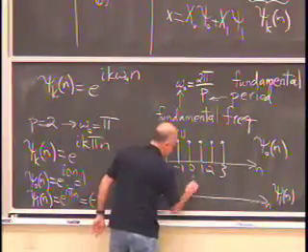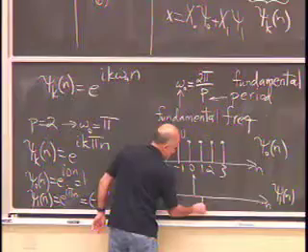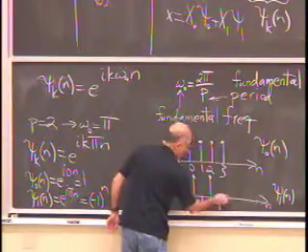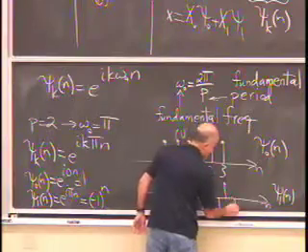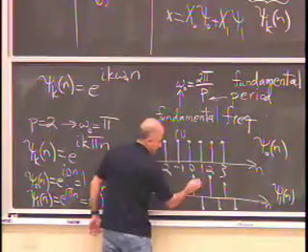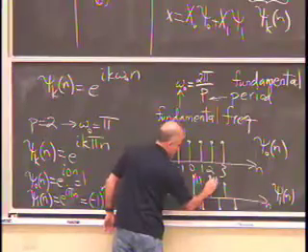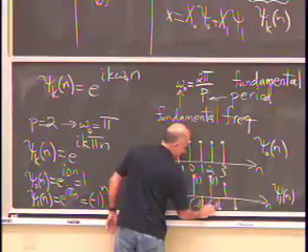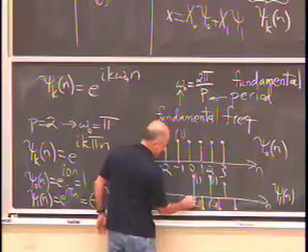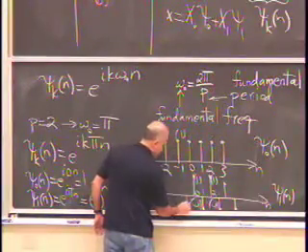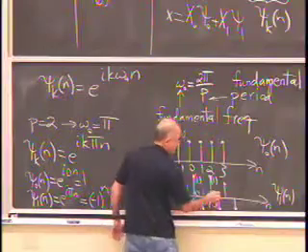So when you plot this, you have an alternating sequence of 1s and minus 1s. 1, minus 1, 1, minus 1, and so on. So this is at 0, 1, 2, minus 1, and so on.